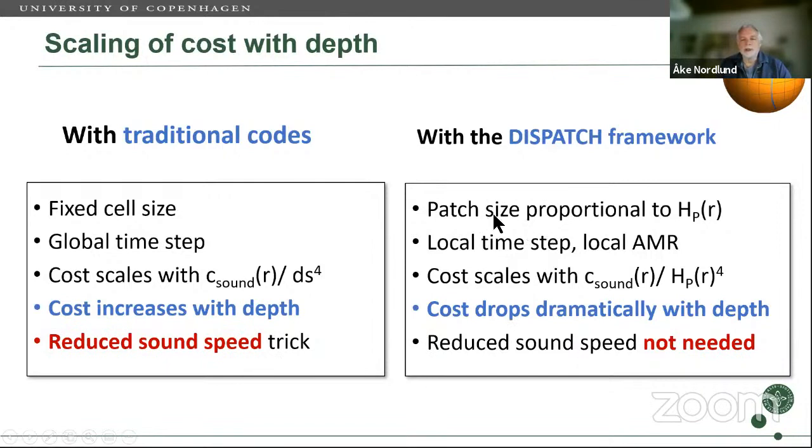With DISPATCH, on the other hand, if patch size is proportional to scale height, then the cost scales with the sound speed divided by the scale height to the 4th power, and then it drops dramatically with depth instead of increasing. So you can actually afford to have an increasing resolution in terms of patch size relative to pressure scale height, and still have an affordable simulation where reduced sound speed is not needed.